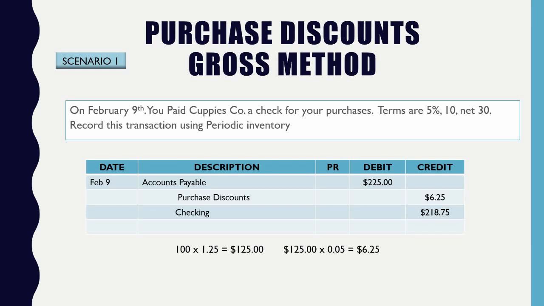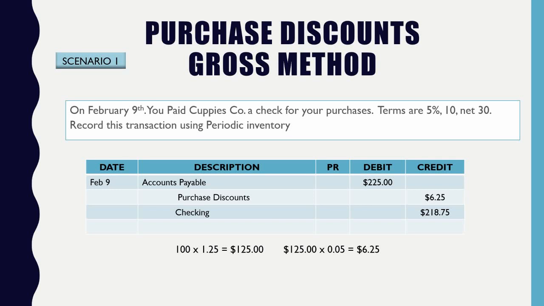This is how you're going to journalize it. In this case, we recognize that we have a grand total that we owe. I owe Cuppies Co. $225. However, because I made the discount period, I'm going to pay them less because I deserve that discount. So here's the rule: you first recognize how much you owe the person in grand total, including every single thing.